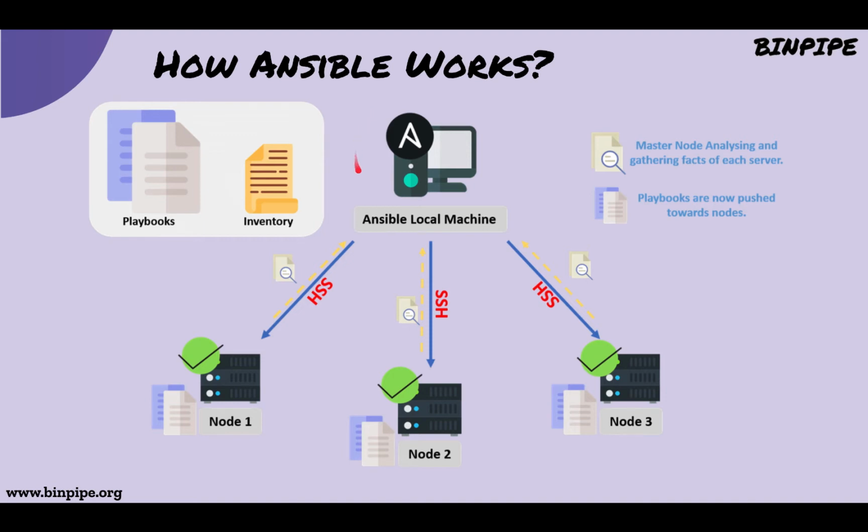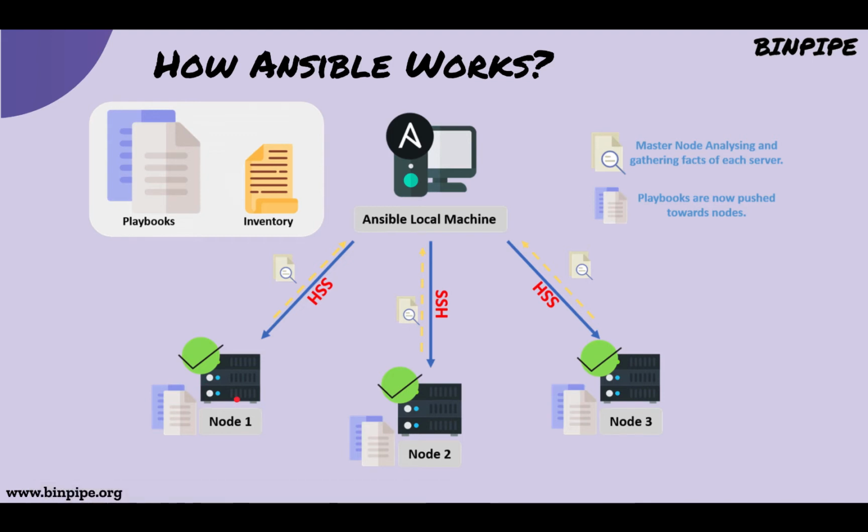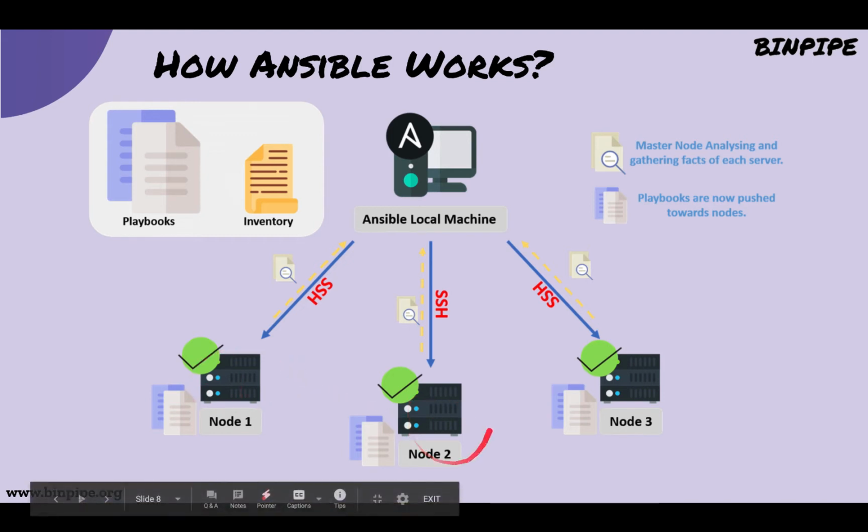You have a local machine, say your laptop or a server which you have assigned to have your Ansible stuff working on. You would install Ansible here and try to push your code from this node to the other nodes. These are the n number of servers you have. Like I was talking about 50 servers where you want to deploy Apache. So these are those nodes.